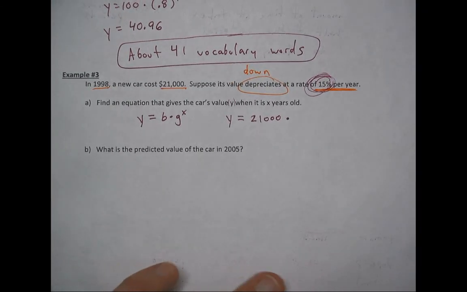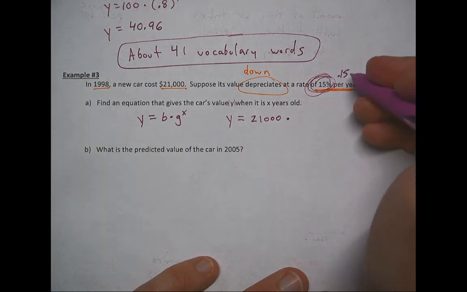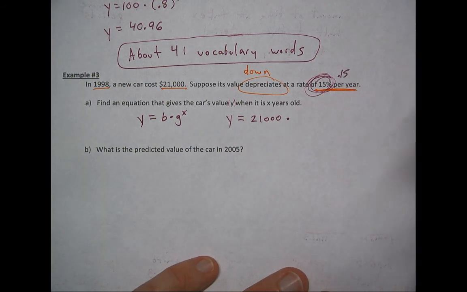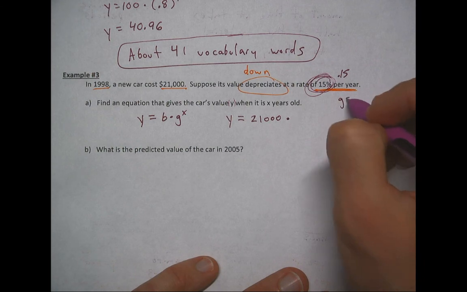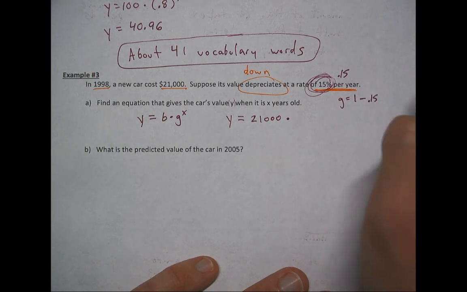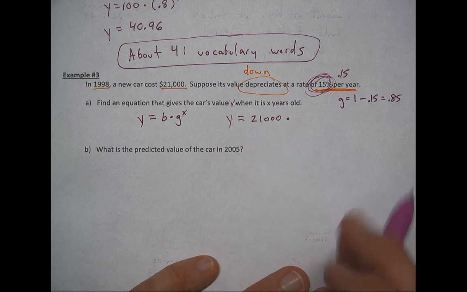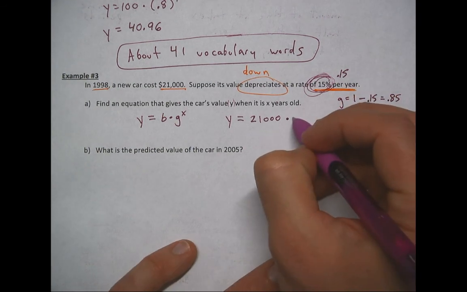Here's where most of you are going to make your mistakes. You're going to put 15% here. But it's going down 15%. So if you were at 100%, which is 1, and you go down 15%, you are now at 85%.